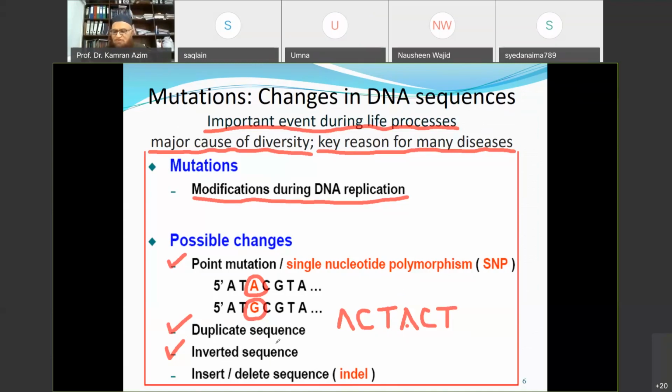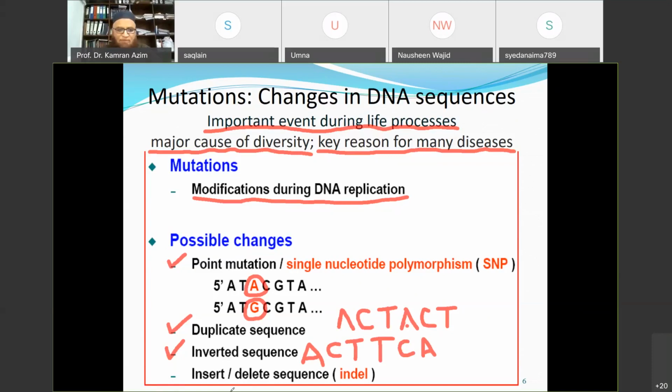When one sequence of DNA is inverted, उलट जाती है sequence. For example, if we have the ACT sequence, if it is inverted, then it would be ATC. It can be TCA. So the sequence is inverted.